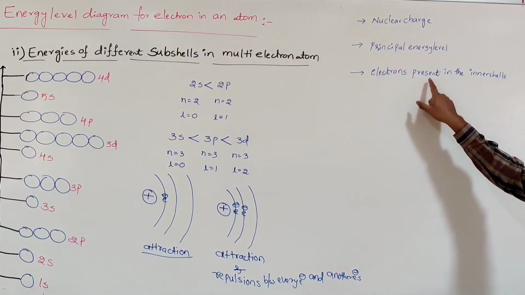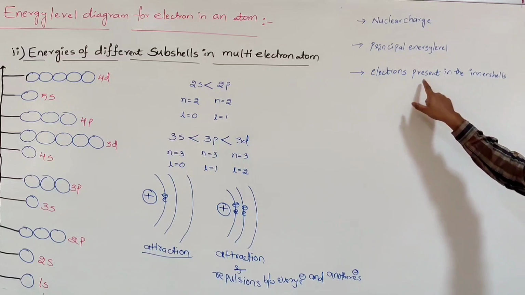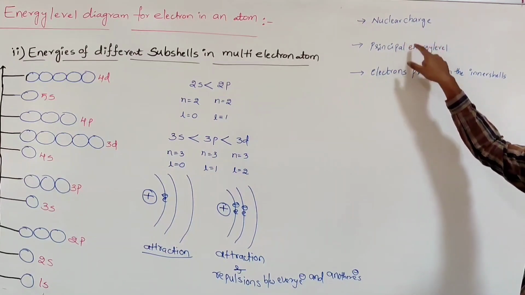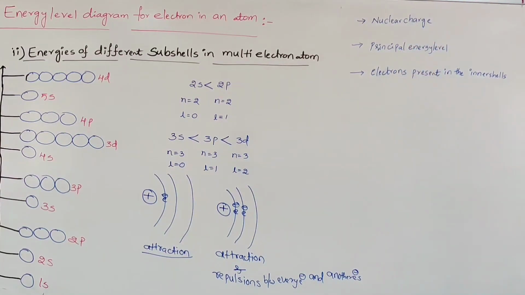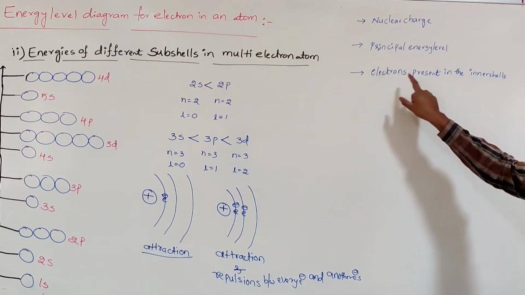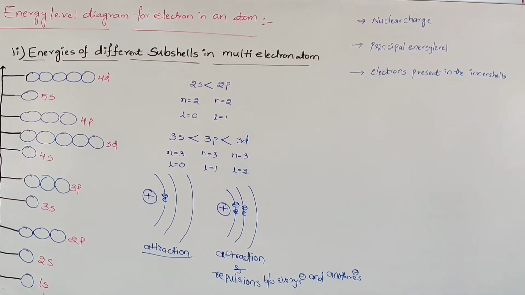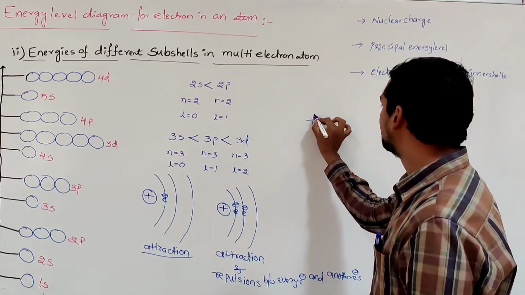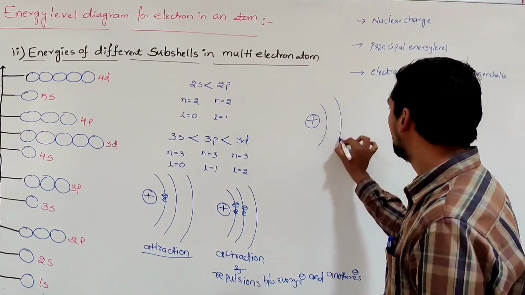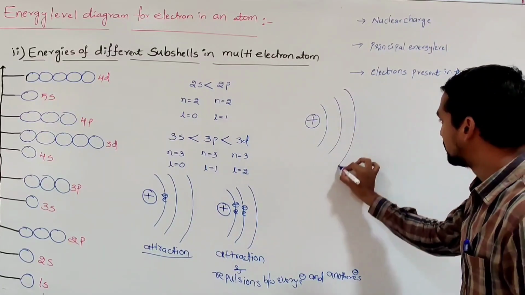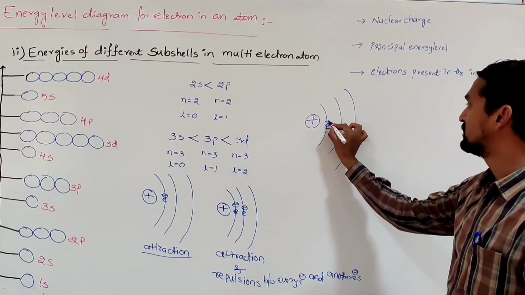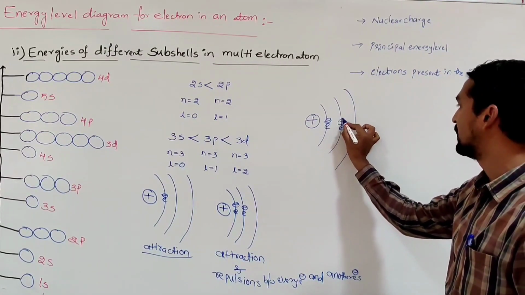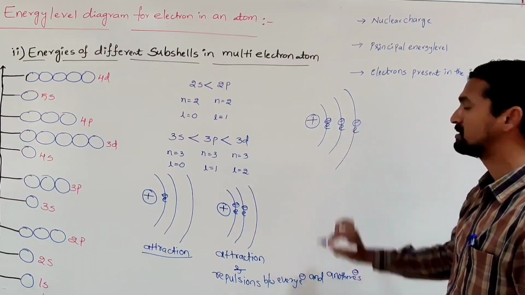The electrons present in the inner shells. To explain this one, we can also include these two factors, nuclear charge as well as the principal energy level. What do you mean by electrons present in the inner shells? Generally, in an atom, these shells are present. In the first shell, some electrons are present. In the second shell, electrons are present. In the third shell also, electrons are present.